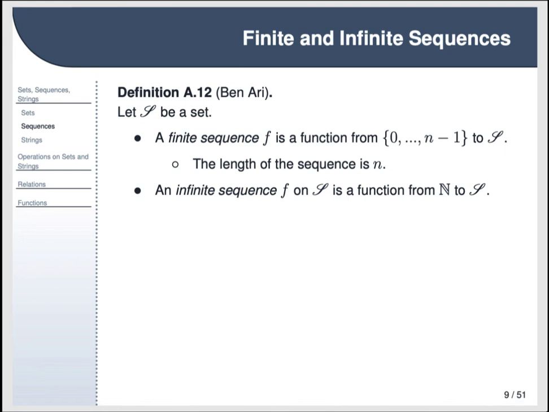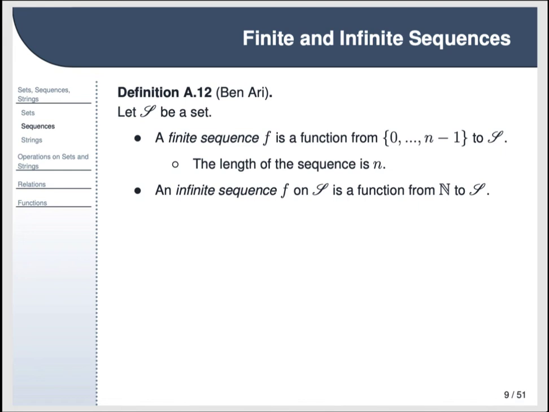The main idea is in a sequence we have some ordering of elements, and they have a position and a value, right? And so all we're saying is we're using the domain to indicate their position, and whatever they are in S, that is the value.